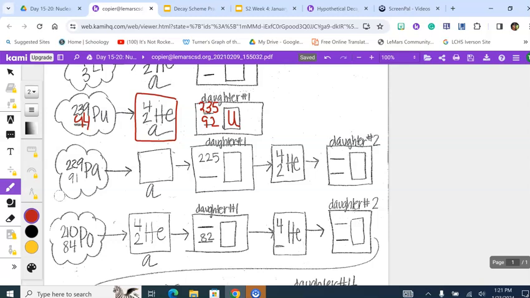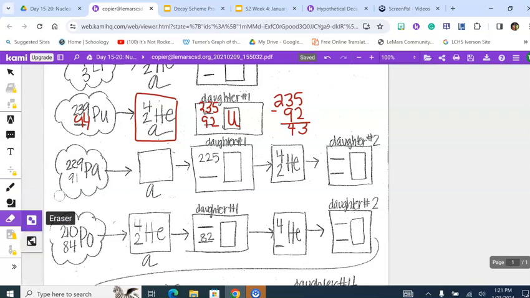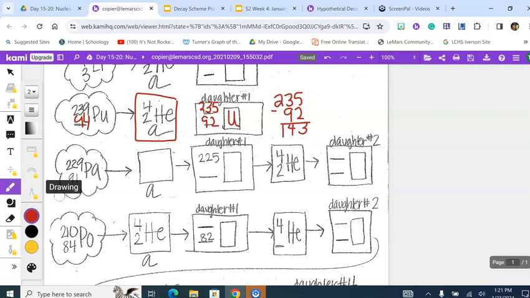Now, I want to figure out if this is stable. What do I have to do? 235 minus 92 gives me 143. Now I'm going to compare these numbers. 92 to 143. Is that a 1-to-1 ratio? No, and it's not even really close.